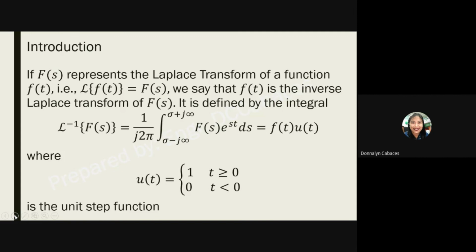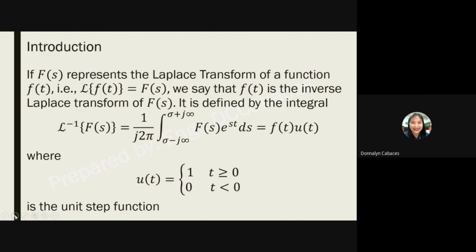Those are the lower and the upper limits of F(s) e to the st ds, which is equal to a function of t times u(t), where u(t) is equal to 1 when t is greater than or equal to 0 and 0 when t is less than 0, the unit step function.